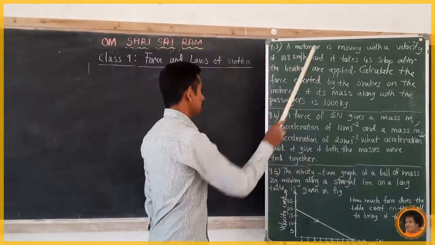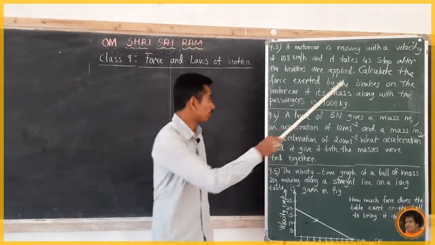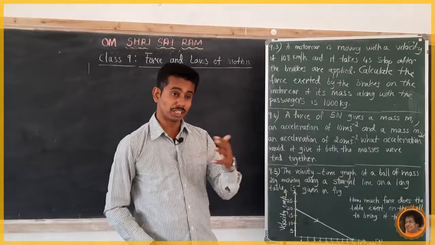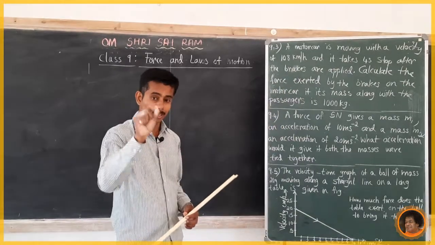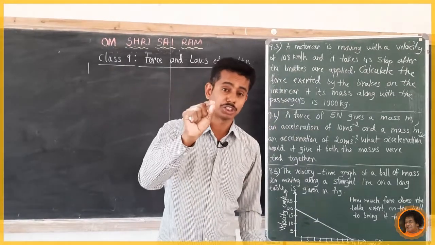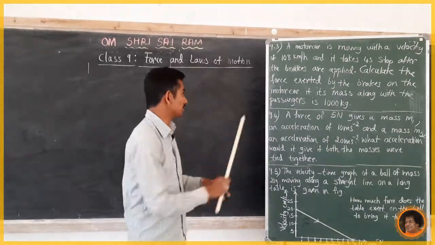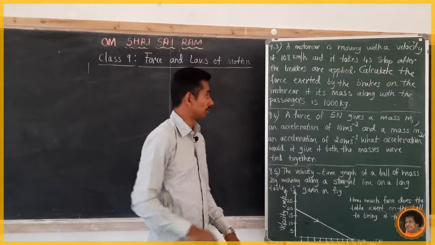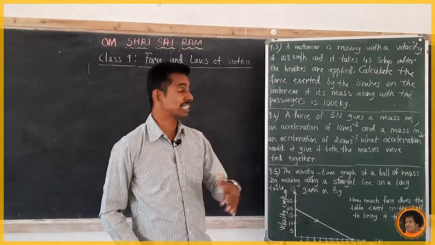A motor car is moving with a velocity of 108 km per hour. It means the initial velocity is 108 km per hour, and it takes 4 seconds to stop after the brakes are applied.